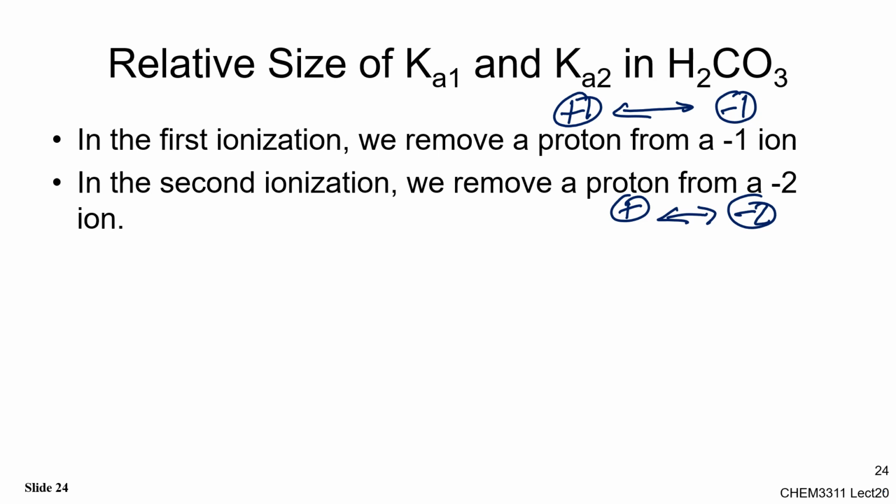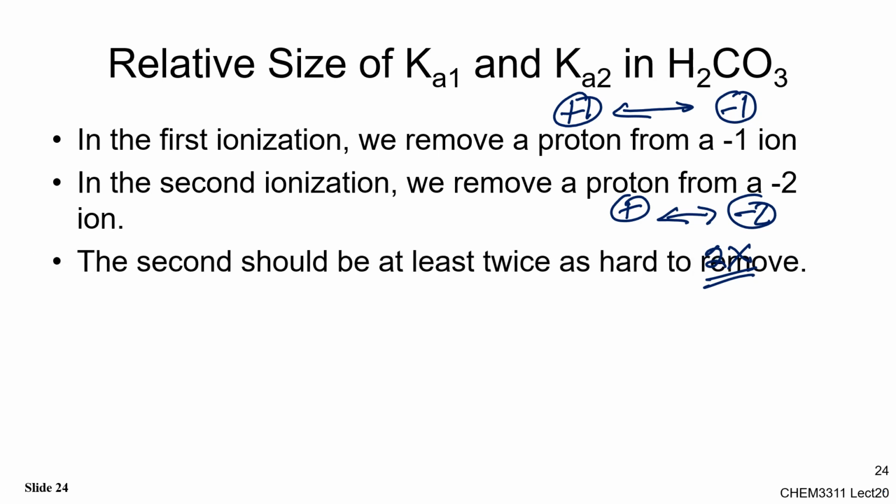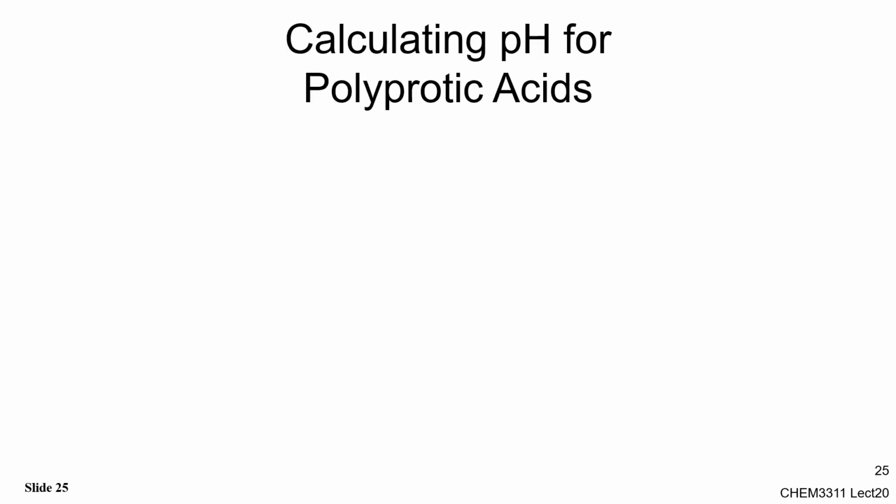We're pulling it apart against twice as much force, which means we've got to do a lot more work. It's going to take more energy. It's going to change the Gibbs energy of the process, which consequently means it's not as likely. It should be at least twice as hard to remove that proton, which means that Ka2 is going to be a lot smaller than Ka1.